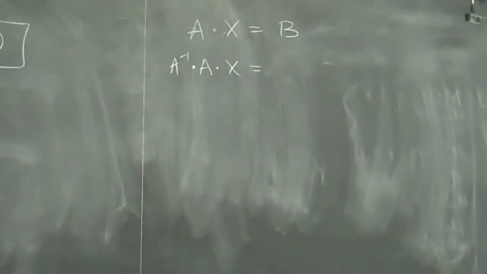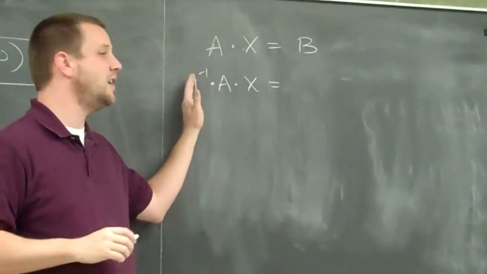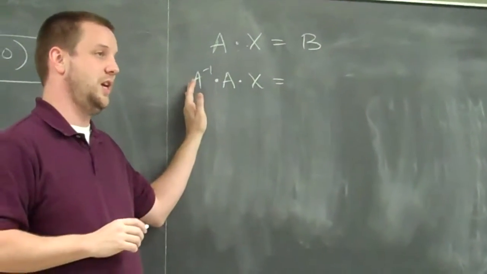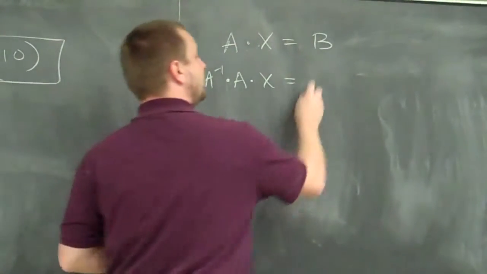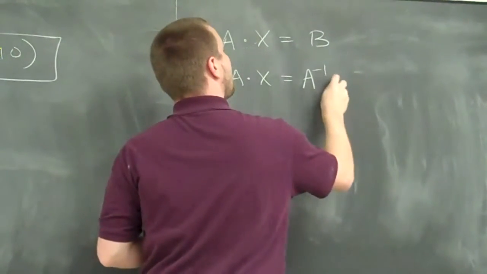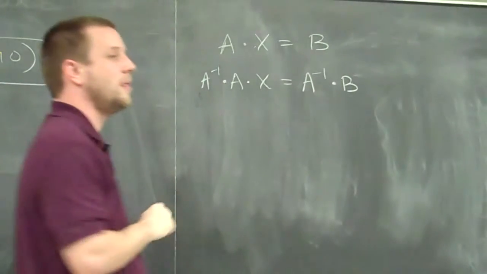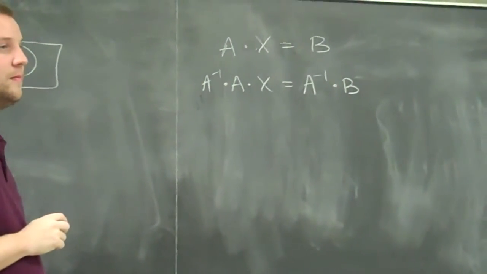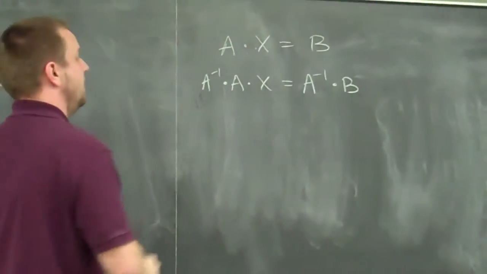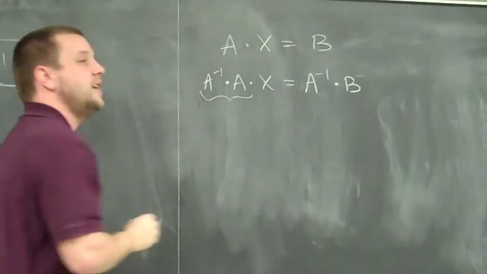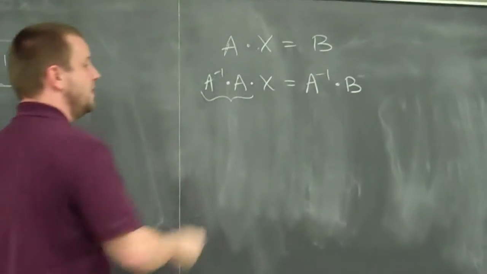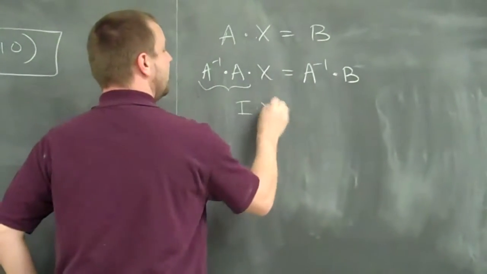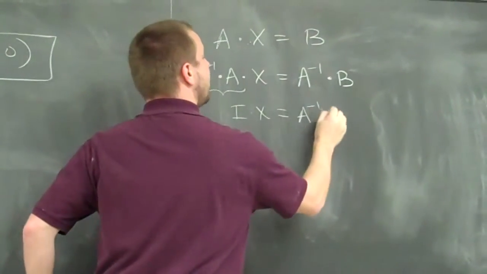It's not commutative, right? So if I multiply by A inverse on the left over here, I have to multiply by A inverse on the left over here. And what is A inverse times A? By definition. Well, yeah, this is going to be I times X equals A inverse times B.